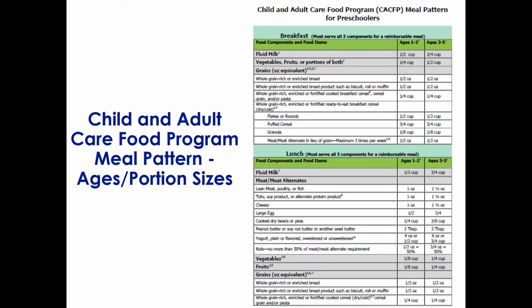Here again, just like we saw for the lunch and breakfast meal patterns, we have a nice chart that summarizes what those portion sizes should be if you're following the CACFP meal pattern for these preschool students. That is broken out by age, so you have ages 1 to 2 and ages 3 to 5. And that handout again is in your handout packet.